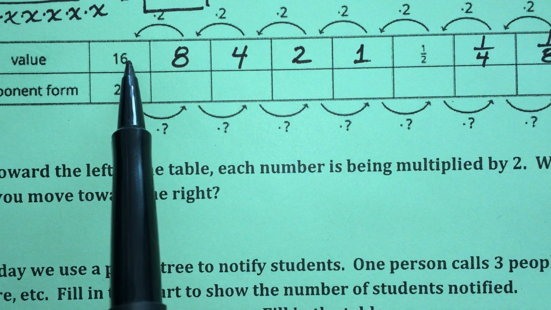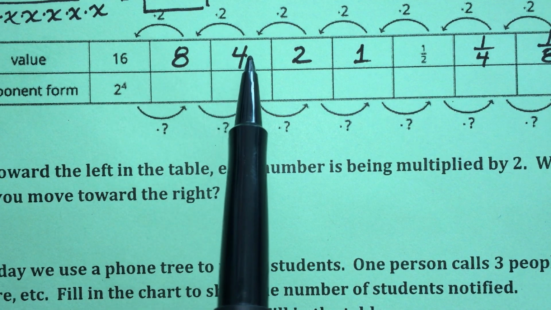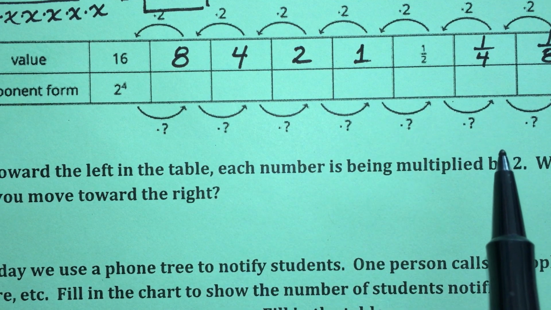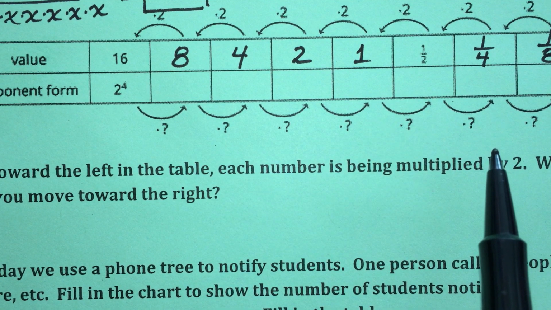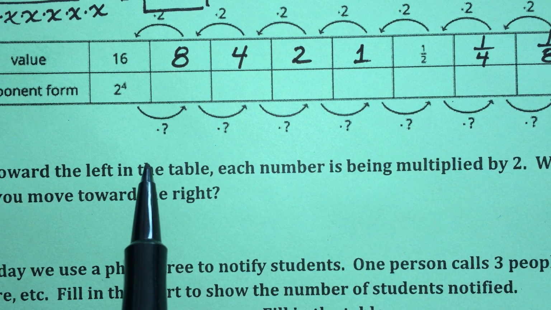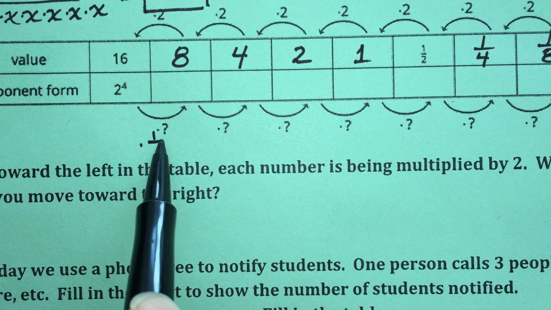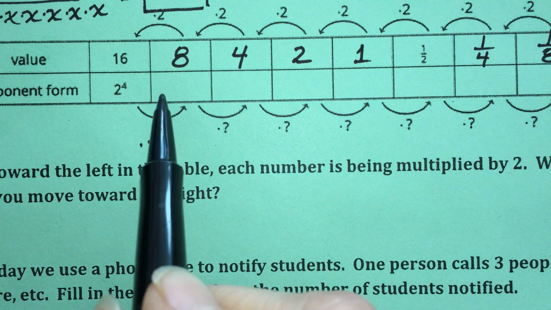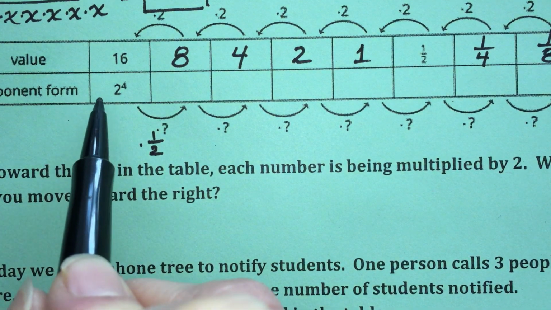We're dividing by 2 to get from left to right. If you're dividing something into 2 pieces, you're taking a half of it. So it's the same as multiplying by a half. Each time we do that, let's expand this out.